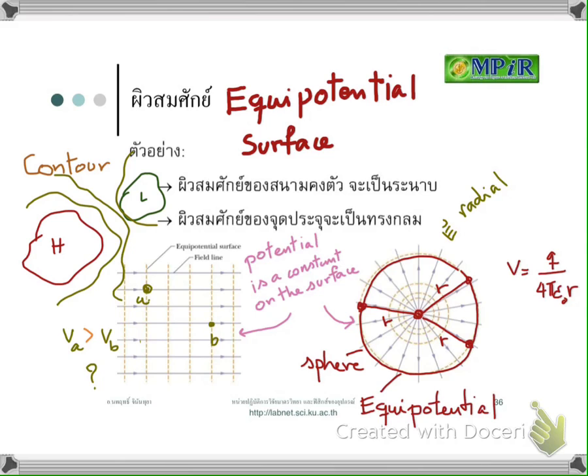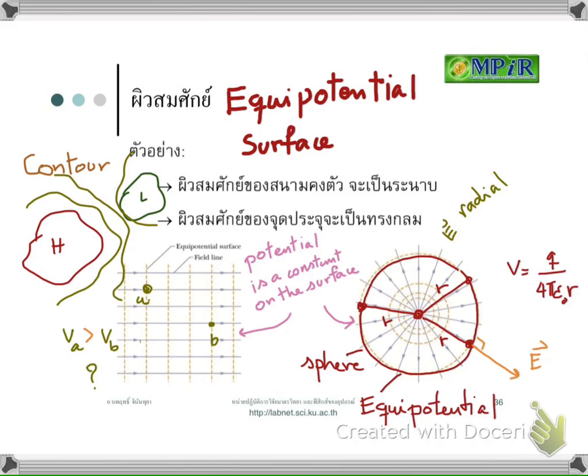And if the surface is a sphere, if you look at this point, you know that the electric field points in the radial direction. What is the angle between the electric field and the surface at this point? Because this is a sphere, the electric field points in the radial direction.